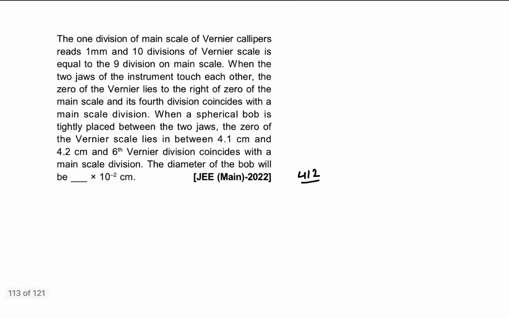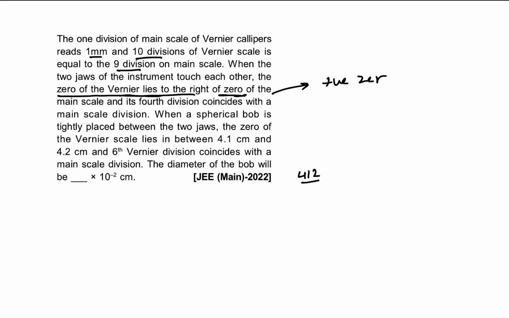Next one. One division on the main scale, same thing, like 1 millimeter, and 10 divisions of the vernier scale coincide with 9 main scale divisions. When the lower jaws are touching each other, the 0 on the vernier scale lies to the right of the 0 of the main scale.